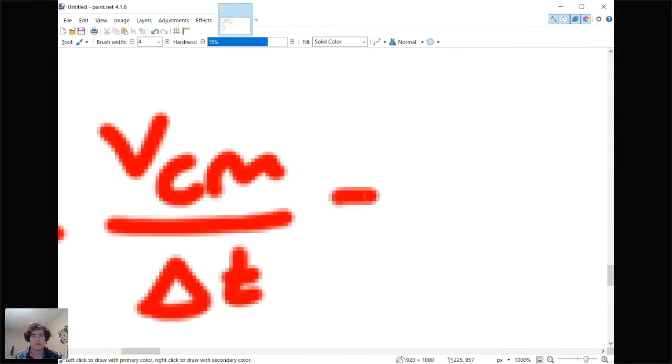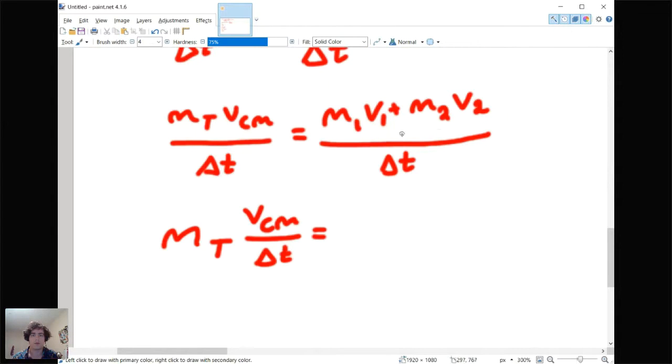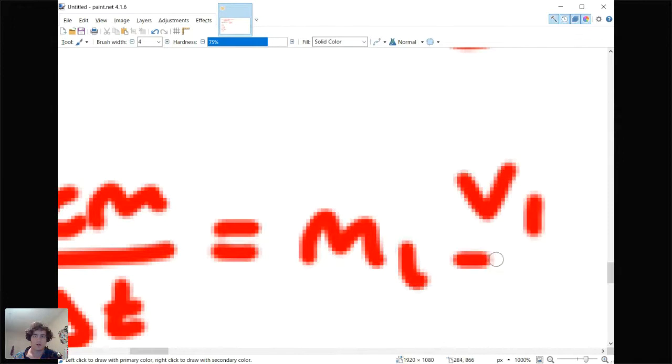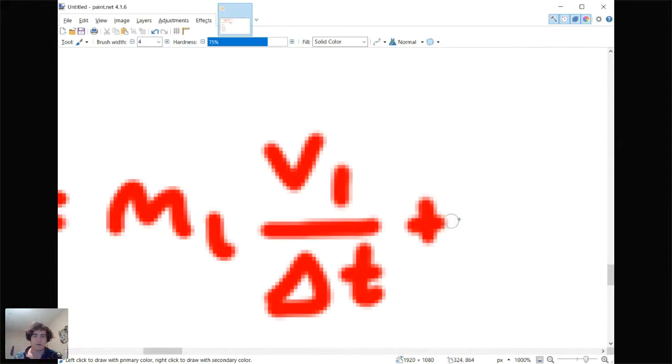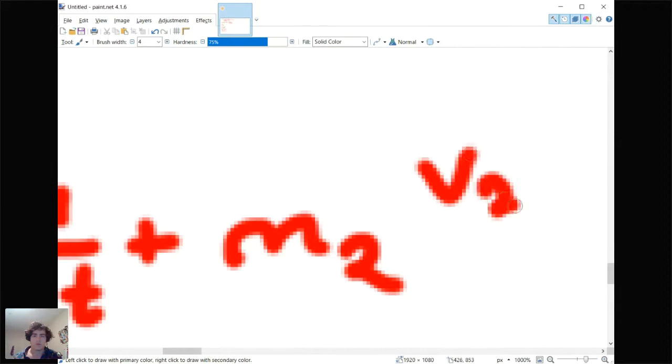And then similarly, you can distribute this delta t to both parts of the sum. So that'll just be m1 v1 over delta t plus m2 v2 over delta t.